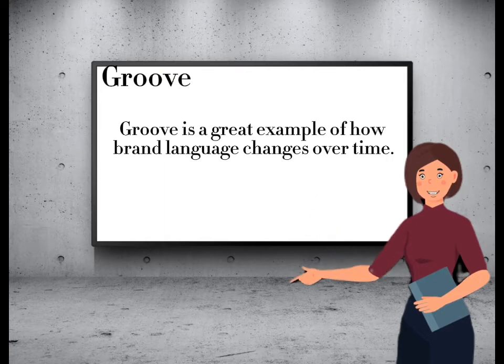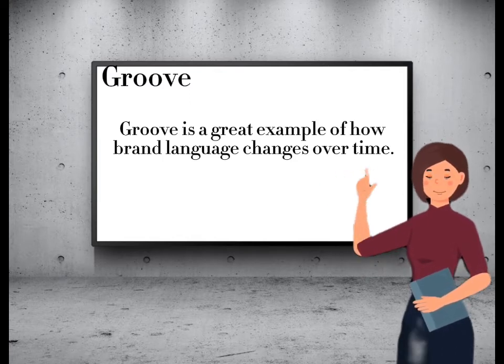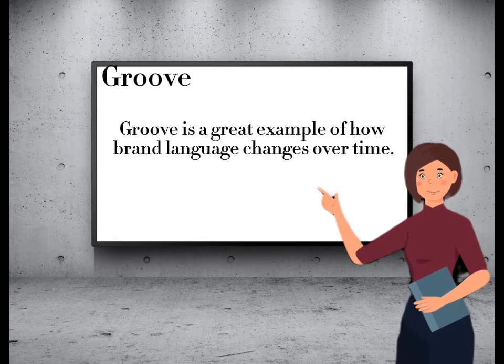Second is Groove. Groove is a great example of how brand language changes over time. As its user base increased, so did the need for a change in brand strategy. The brand's mission was to make its users' experience as clean as possible, but still maintain the groovy feeling.